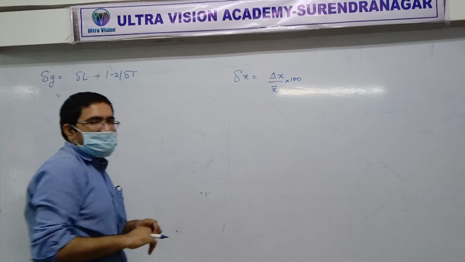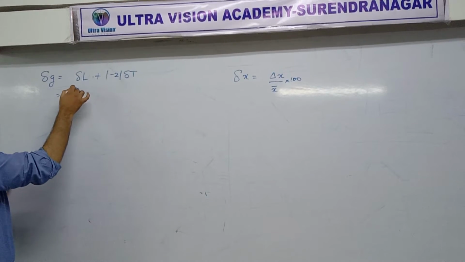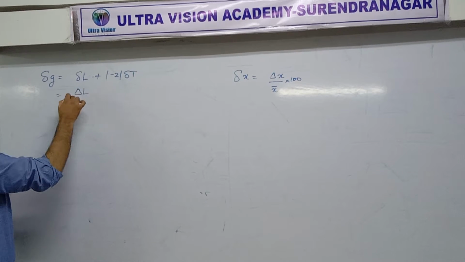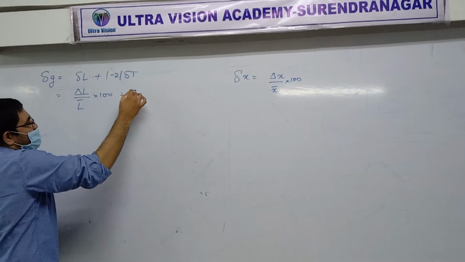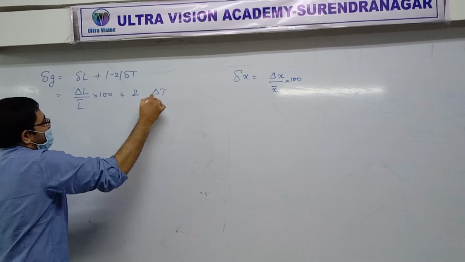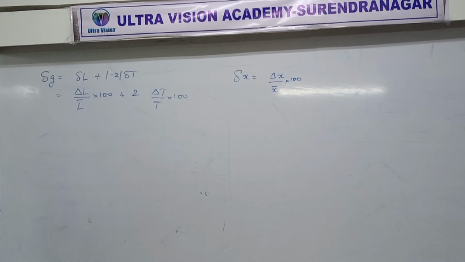Sure? You want to do this? You should. So similarly this will be delta L by L bar into 100 plus 2 into delta T by T bar into 100. Now L bar and T bar means the average of the measured values.